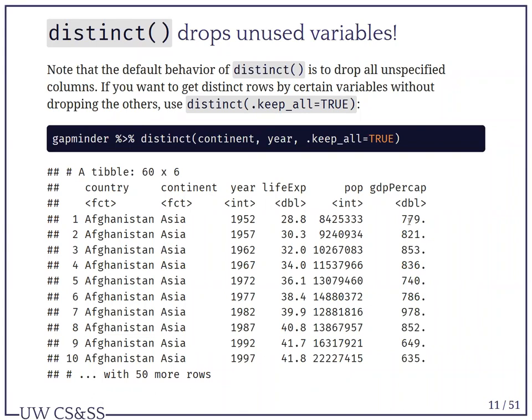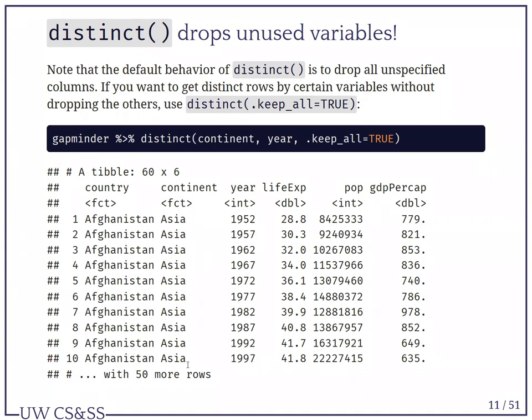One thing to note is that distinct drops unused variables. The default behavior of distinct is to drop all unspecified columns. If you want to get the distinct rows by certain values without dropping the others, use distinct and set the .keep_all equal to TRUE.